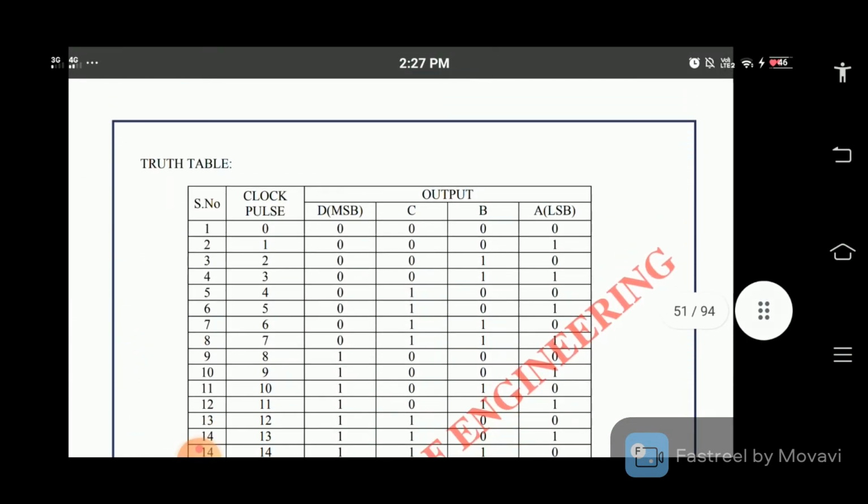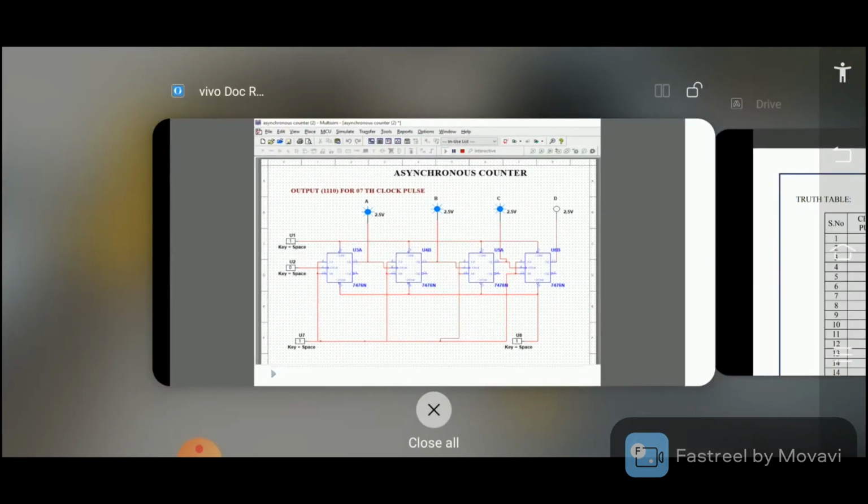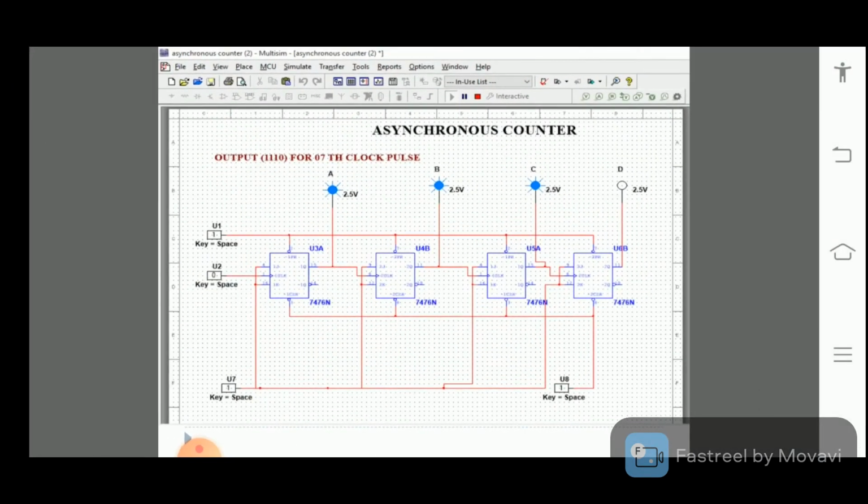Okay, so to get a clear idea of this circuit, I took this experiment and constructed the circuit diagram in the Multisim software. Here I am taking the 7476 IC from the component menu.